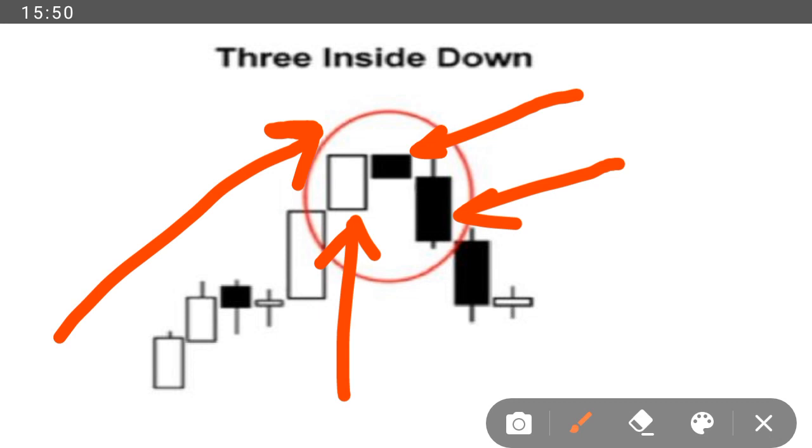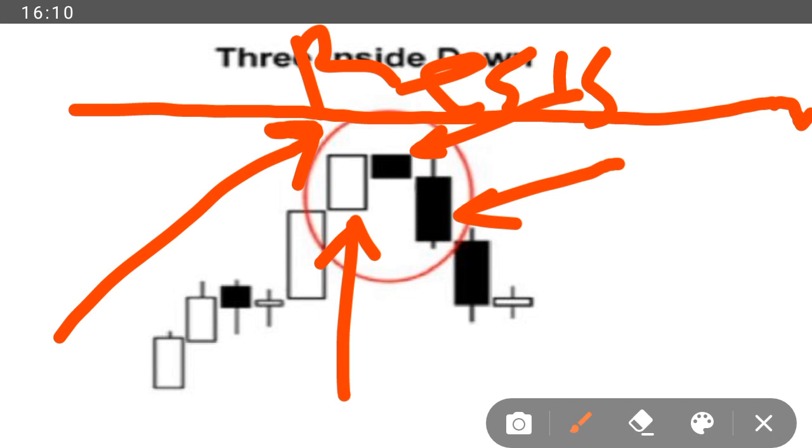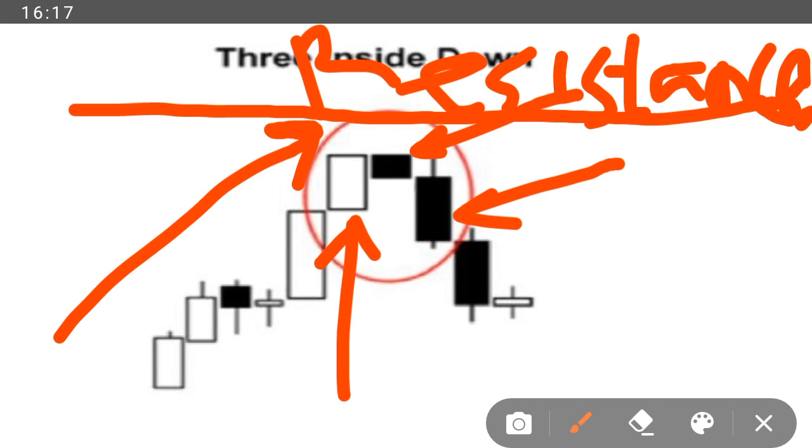especially if it happens in a major resistance zone. Sorry, resistance. So it must be in a resistance zone.